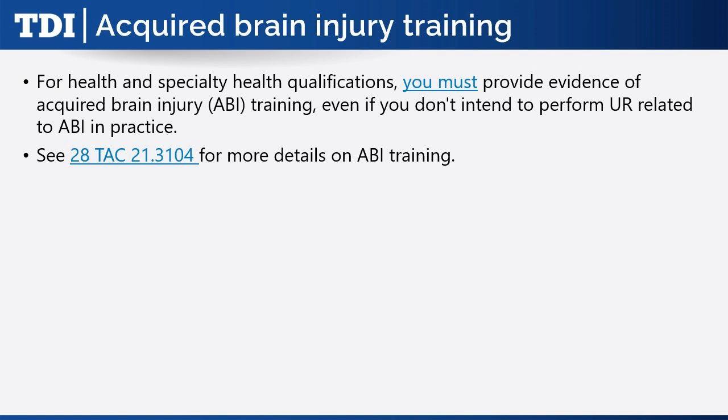For health and specialty health qualifications, you must provide evidence of acquired brain injury or ABI training, even if you do not intend to perform UR related to ABI in practical application. 28 TAC Section 19.1706(e) requires a URA to provide adequate training to personnel responsible for pre-certification, certification, and recertification of services or treatment relating to acquired brain injury in accordance with Insurance Code Section 1352.004.